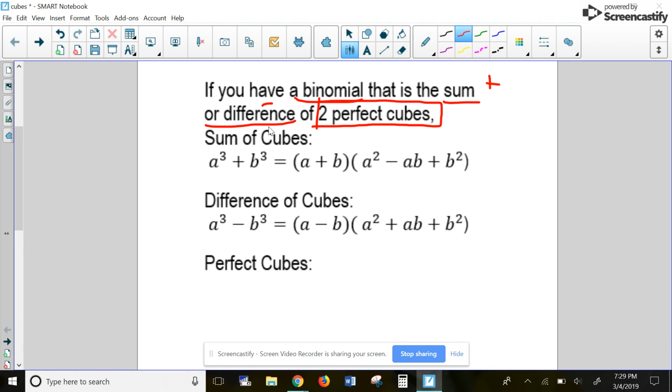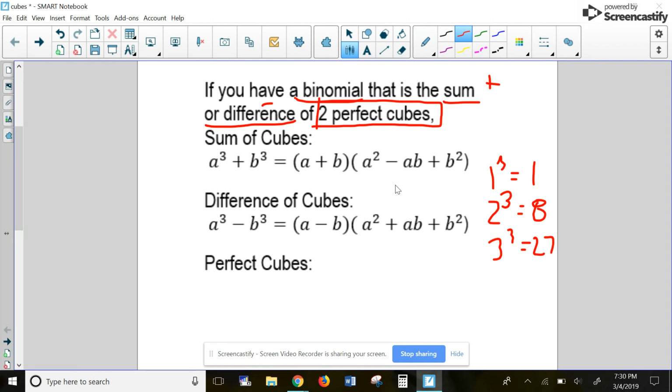A perfect cube is when you have something like 1 to the third power. 1 to the third power means 1 times 1 times 1, which is just 1. Or if we had 2 to the third power, that's 2 times 2 is 4 times 2 is 8. What if we had 3 to the third power? That's 3 times 3 times 3, and that's 27. So these are going to be our perfect cubes.